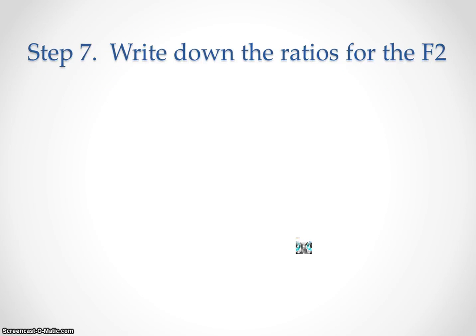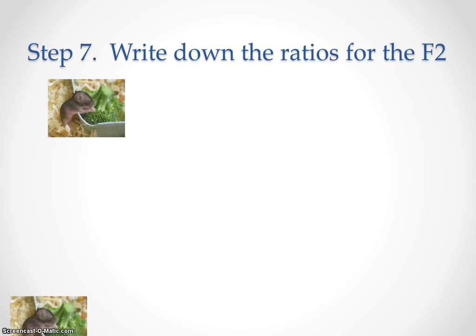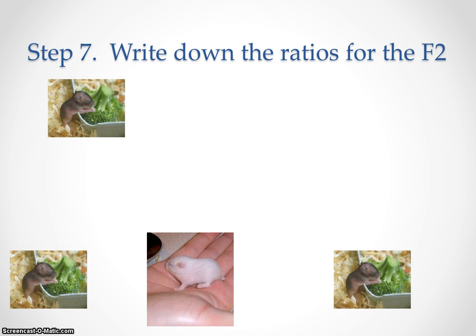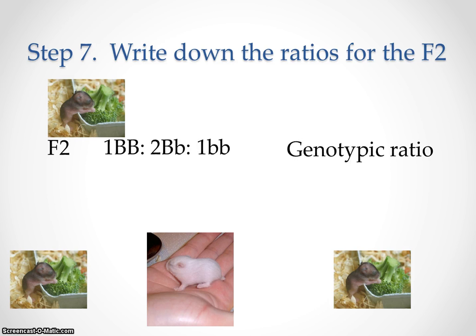Step 7, write down the ratios for the F2. If you go back and look at that Punnett square, you'll notice we had some black hamsters and some little white ones. Alright? So our F2, the children of the F1, our genotypic ratio would be 1 big B, big B to 2 big B, little b to 1 little b, little b.